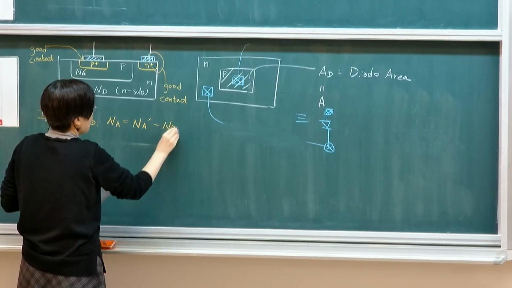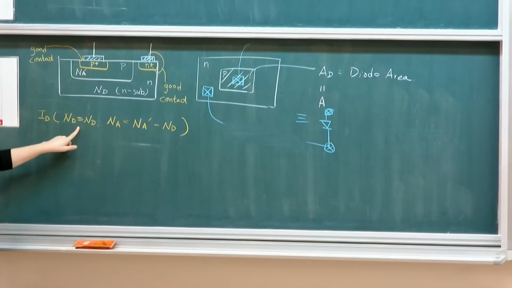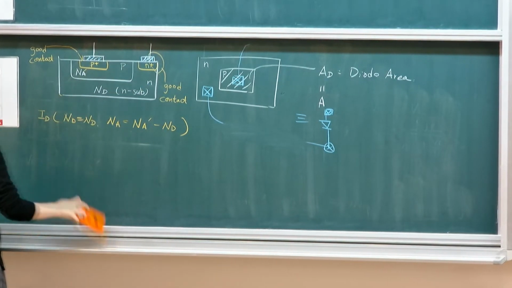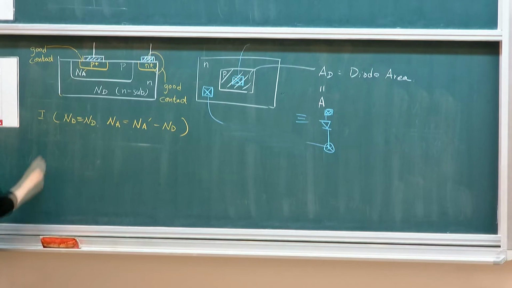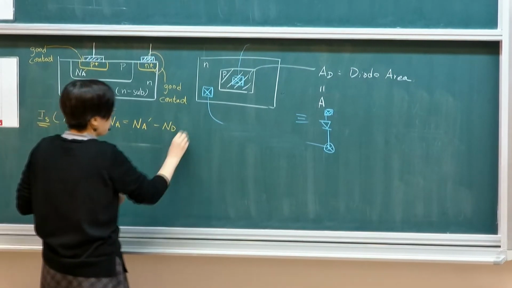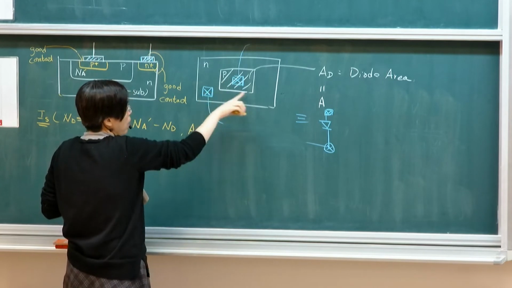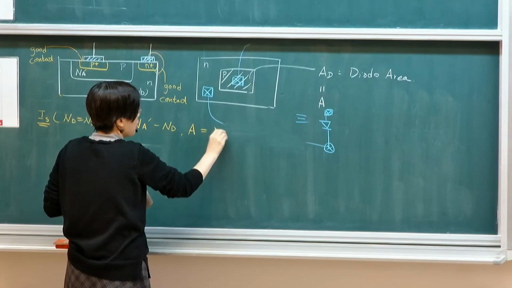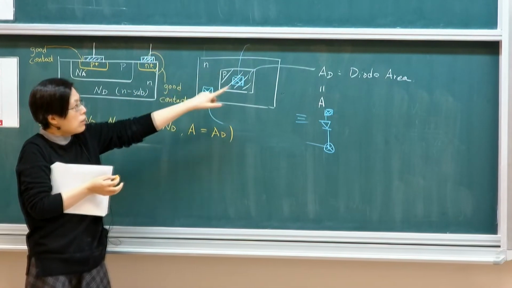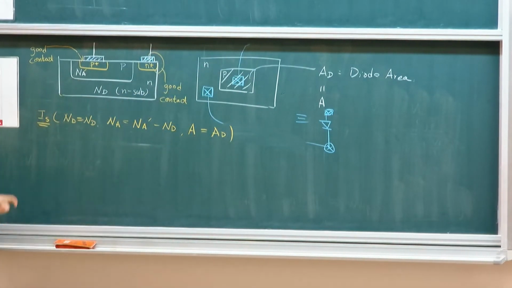So you have to use these in that equation to get your IS. In the IS parameter, you need these two. And the area parameter will be defined by the top view, which is the AD. Whatever top area you use, the diode area, you use that to get your IS.